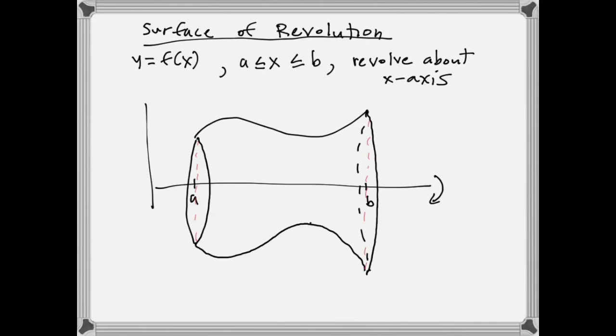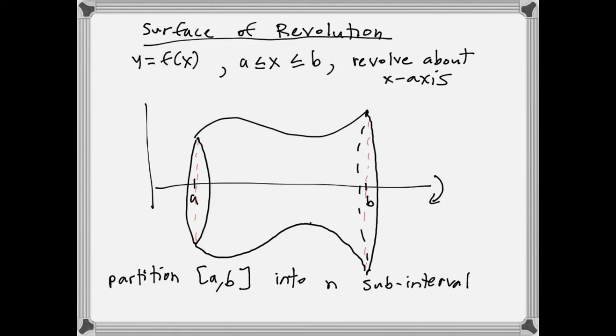So we partition A to B into n subintervals, x_{i-1} to x_i. And just for the sake of ease, I'm going to draw just 4 of these.